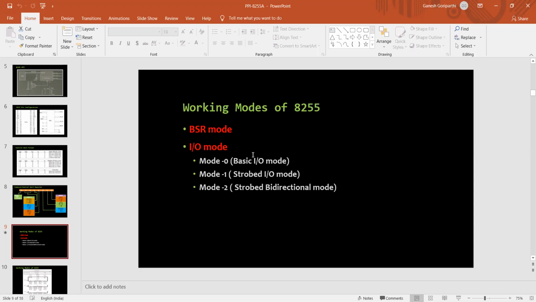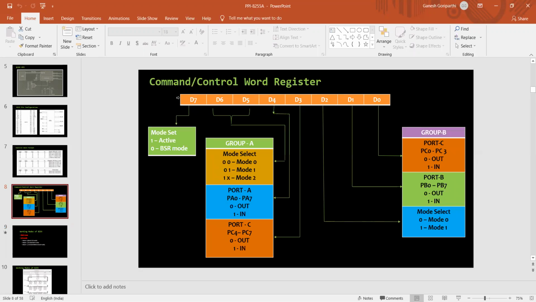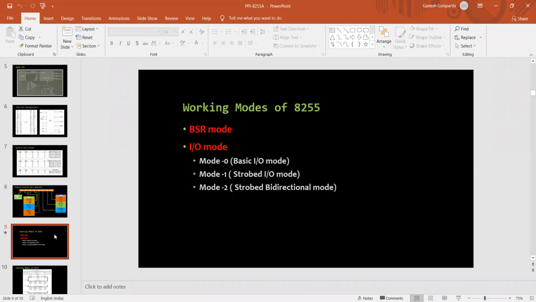So, working modes of 8255. As I told you, the D7 bit in the command word or the control word decides the mode of operation. And what are the different modes of operation? BSR mode and IO mode.